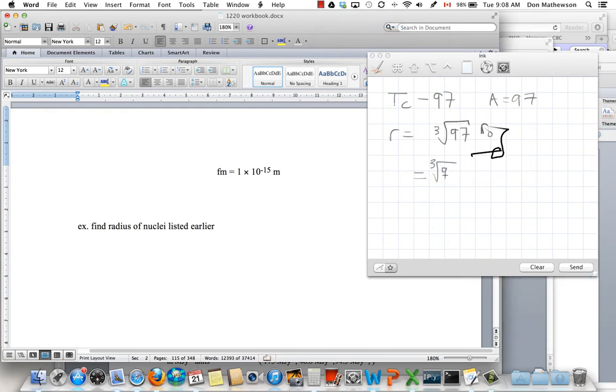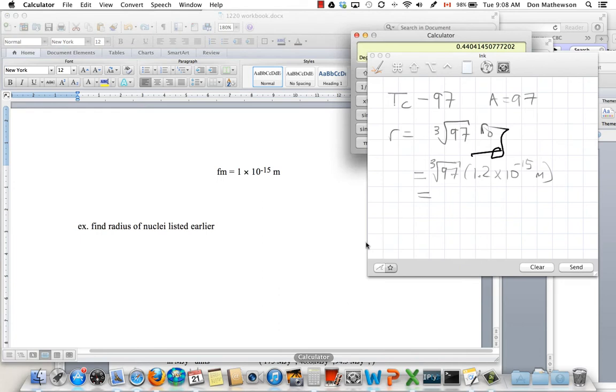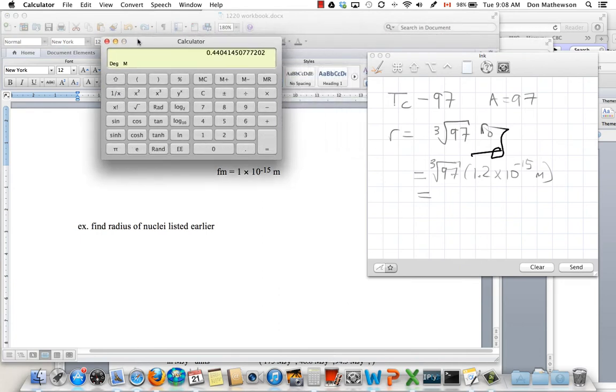So that's the cube root of 97 times 1.2 times 10 to the minus 15 meters. So what's that? We'll use this cruddy calculator here. 97 to the power of a third, and then multiplied by 1.2.